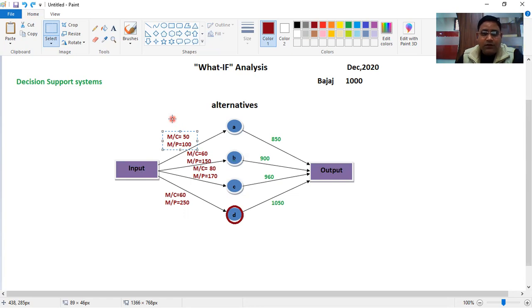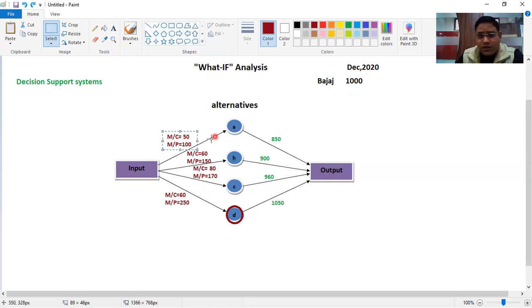One variable you will know, and the output you know. We know our objective is 1,000, and we know that we have 50 machines only. But now we have to find out the unknown variable, that is manpower: how much manpower will I require with this combination of 50 machines and an objective of 1,000.